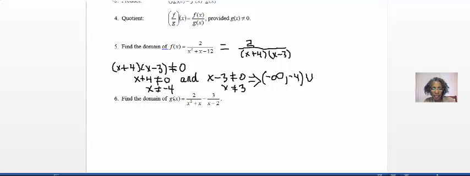This intersection is the union of everything less than -4 with everything between -4 and 3 with everything greater than 3. So that's the domain of f of x.